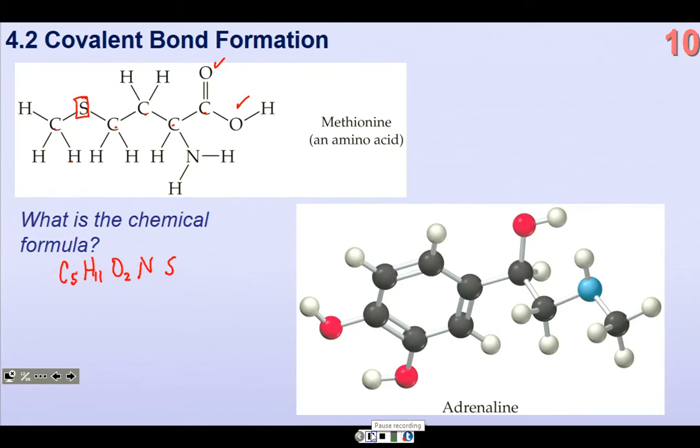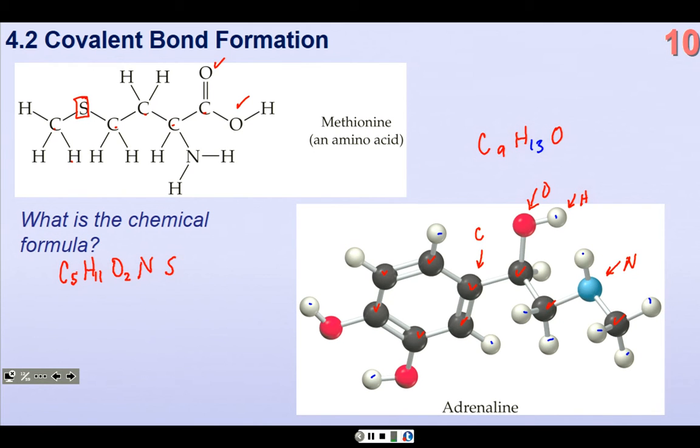The other molecule on this picture is adrenaline, which has got an awful lot of parts. Again, you'll need to know the color codes to make sense of it. Nitrogen is blue, oxygen is red, hydrogen is that funny gray or white color, and carbon is black. If we had to put a formula to this, let's see, what do we have? I see 1, 2, 3, 4, 5, 6, 7, 8, 9 carbons. And hydrogens, let's count them: 1, 2, 3, 4, 5, 6, 7, 8, 9, 10, 11, 12, 13.